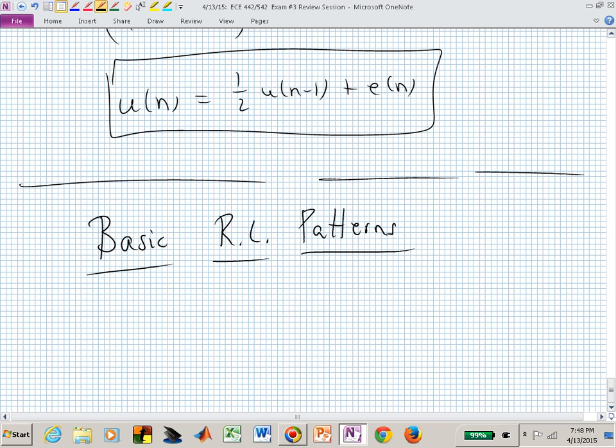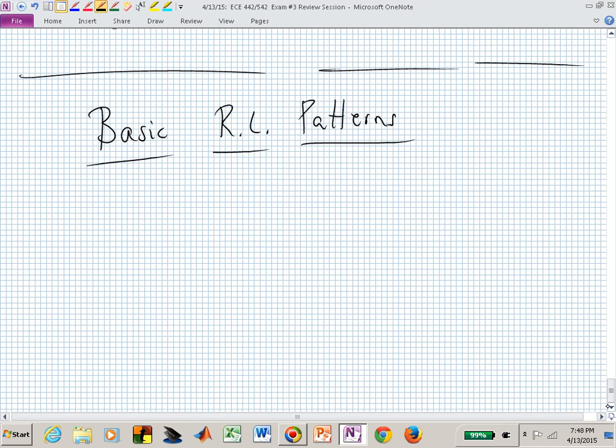What if I sketched this pole zero pattern? And maybe you're told that. Is there a range of K for stability?